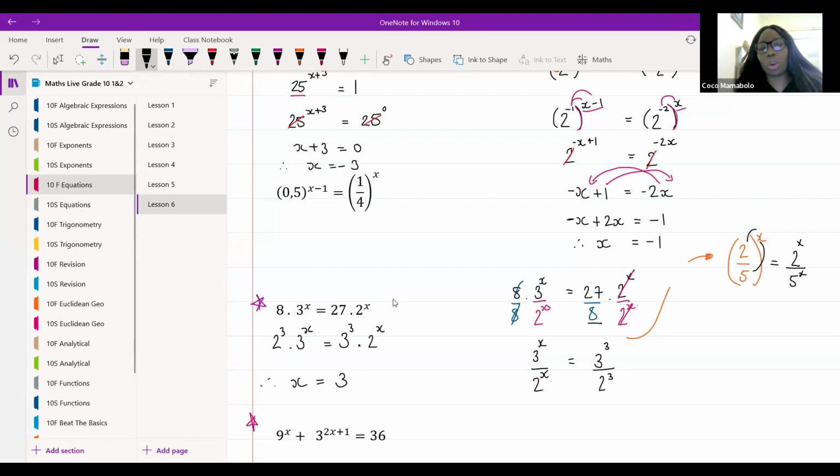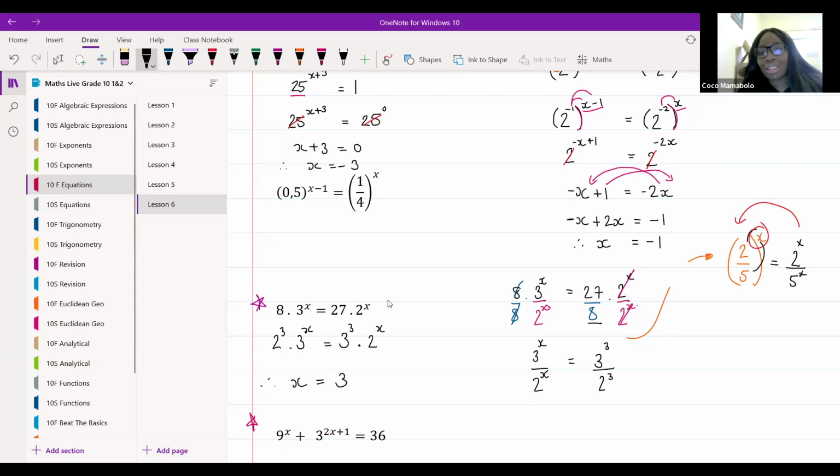Cool. Now, what I'm going to do in this sum is use this rule in the opposite direction. Where I have 2 to the power of x divided by 5 to the power of x, I'm going to take out the common factor x. So over here, I've got 3 to the power of x divided by 2 to the power of x.